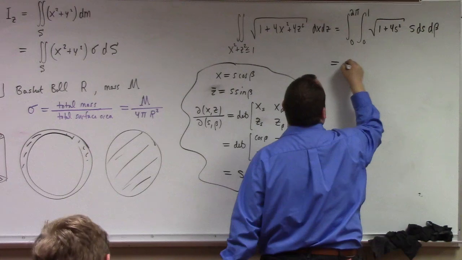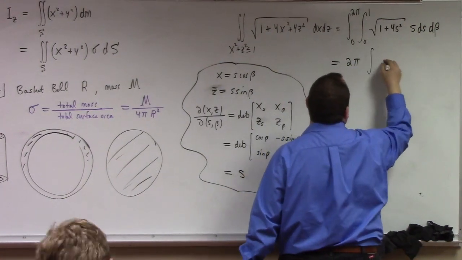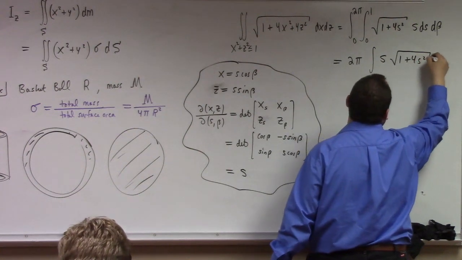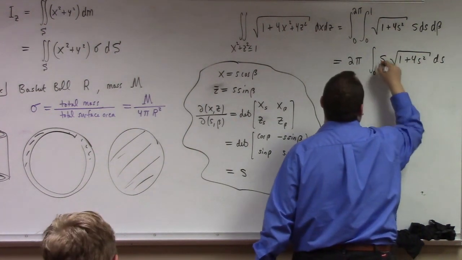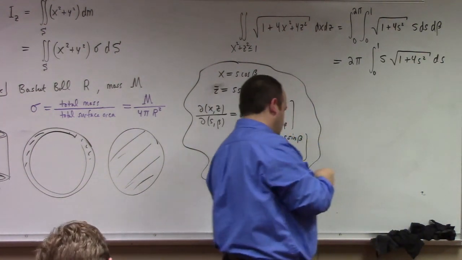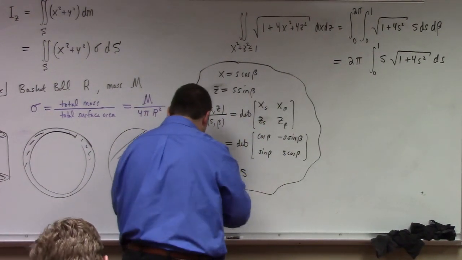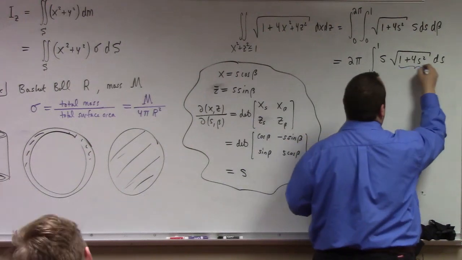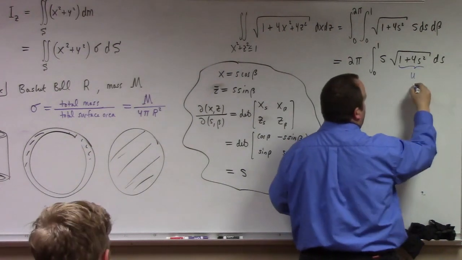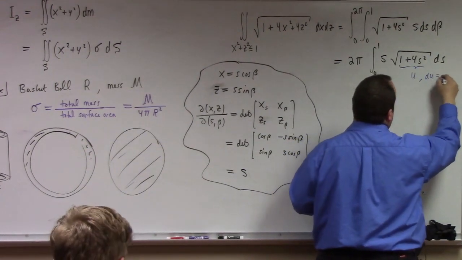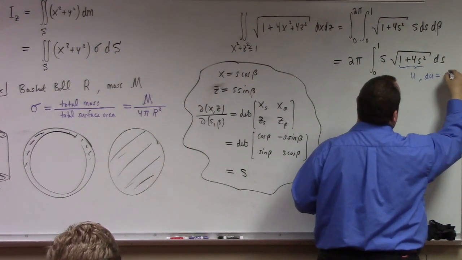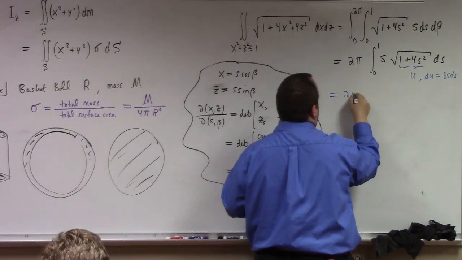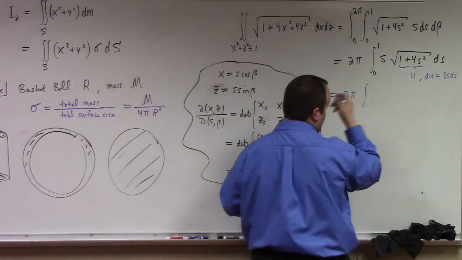So what we've got is 2 pi times the integral of s times the square root of 1 plus 4s squared ds from 0 to 1, which is something we can do because that is a u substitution. Let this be u. Then du is 8s ds.